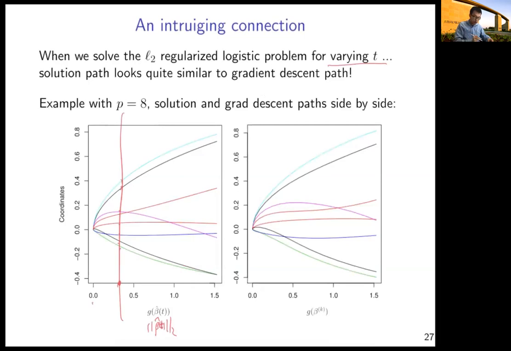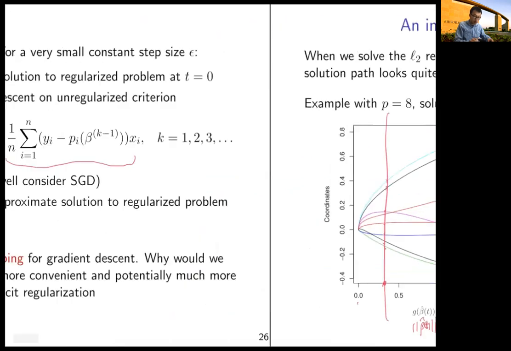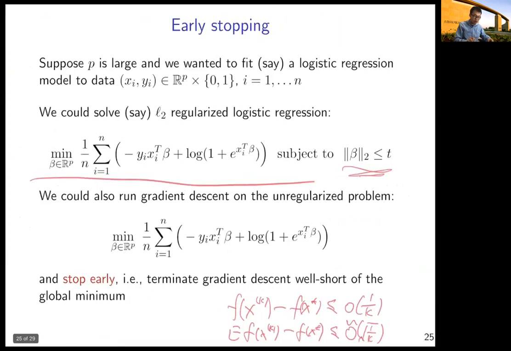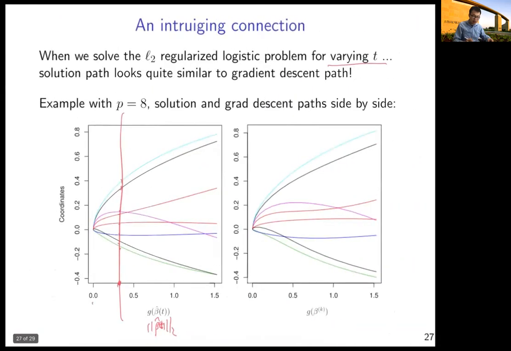The left-hand side is the exact optimal solution of this objective function, and the right-hand side is the corresponding solution that simply comes out of a one-pass algorithm that runs gradient descent with very small step sizes. If you compare these two, they're different for sure, but they look very similar to each other.